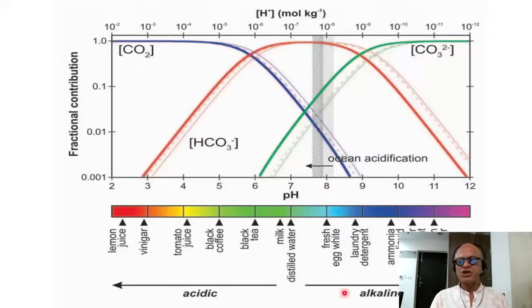So we have pH here, alkaline things like fresh egg white, laundry detergent, etc., and acidic things like milk, black tea, vinegar, lemon juice, etc. And you can see the concentration of H plus here, and let's say we focus on CO2 increase, which is what we are doing, the fractional contribution to consumption of H plus and change in pH happens by basically perturbations to carbonate and bicarbonate, and you can see this is much flatter here over a longer range of pH compared to carbonate, but carbonate is much flatter way out here, and CO2 is much flatter way out here.